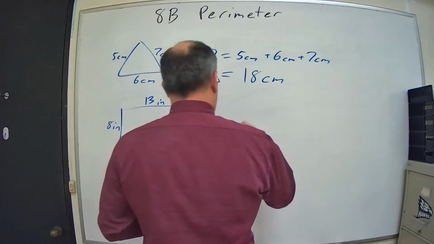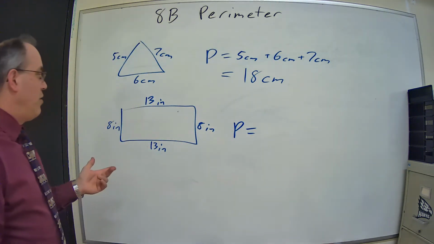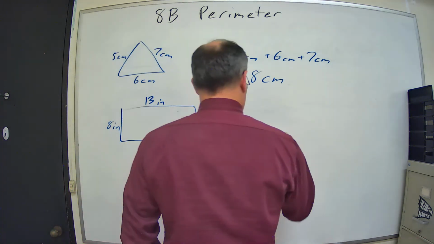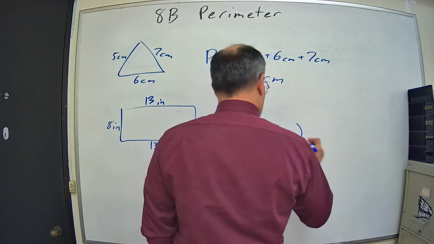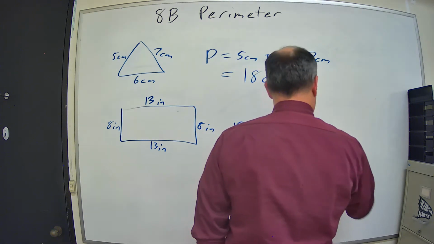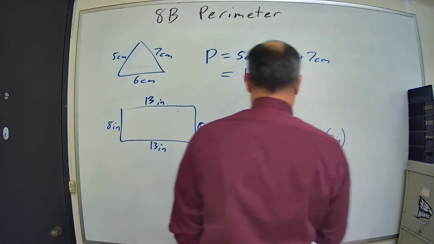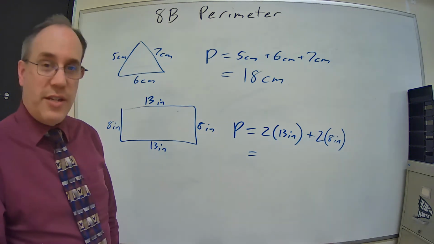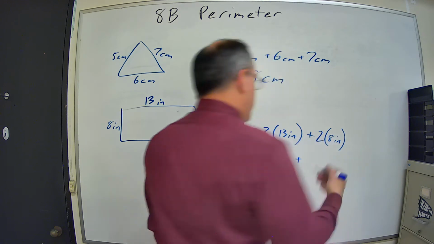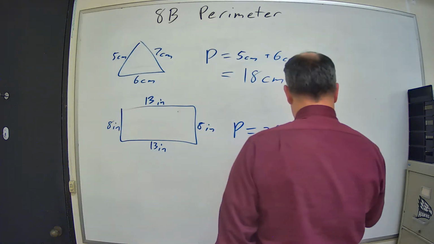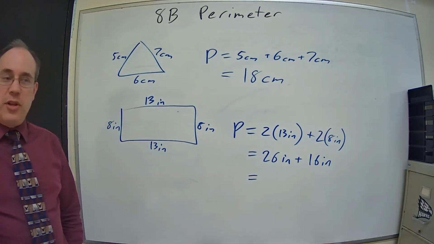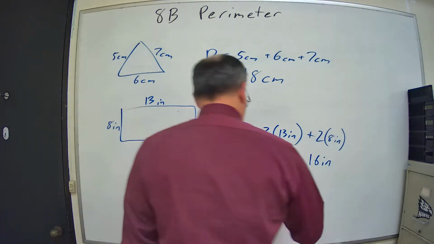If we want to find the perimeter of this rectangle, we're going to take 2 times 13 inches, plus 2 times 8 inches. 2 times 13 is 26 inches. 2 times 8 is 16 inches. 26 inches plus 16 inches, 42 inches.